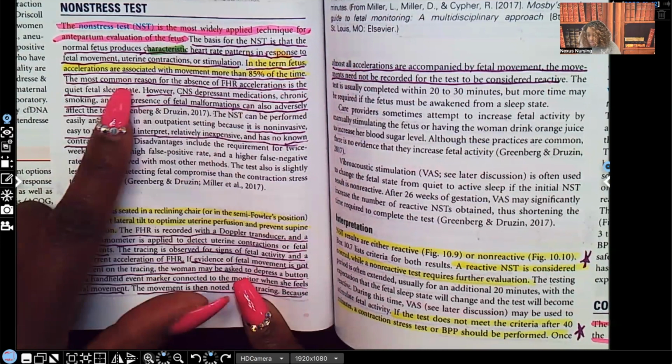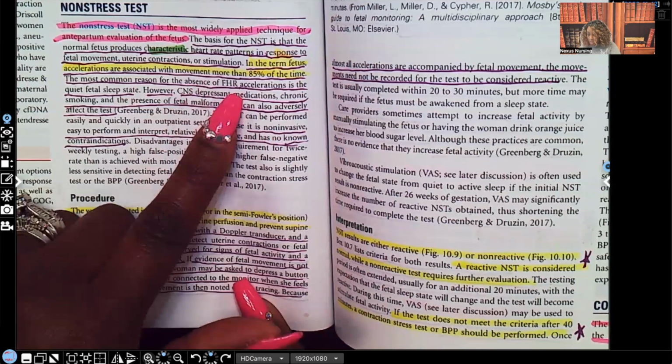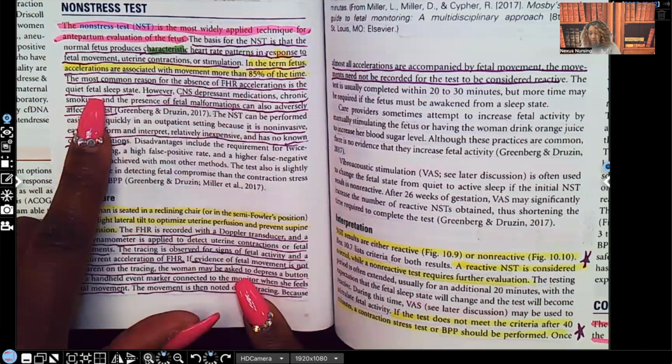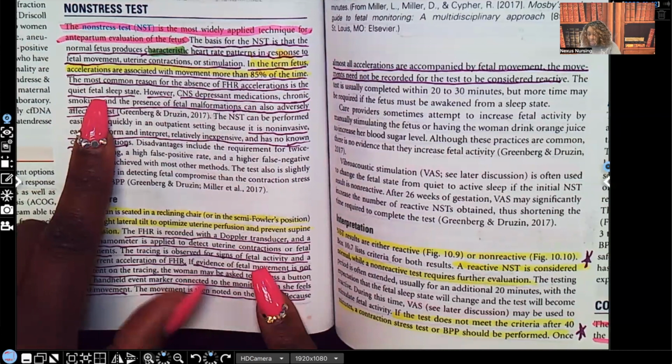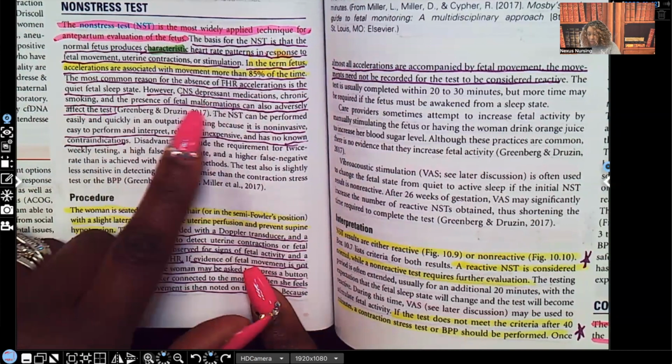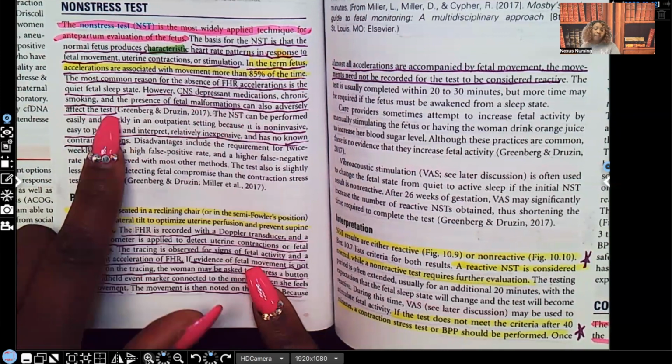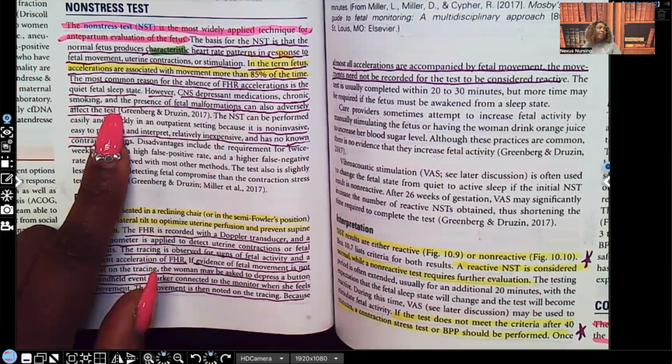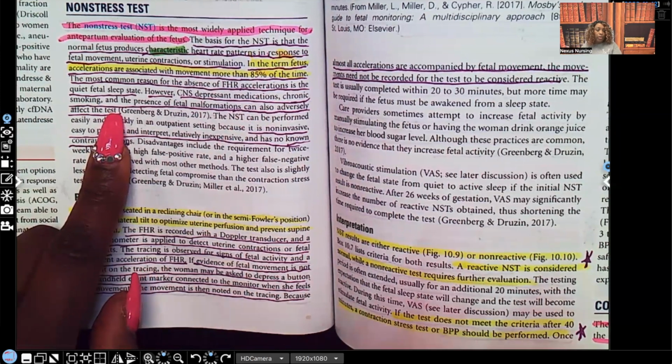The most common reason for the absence of fetal heart rate accelerations is the quiet fetal sleep state. However, CNS depressant medications, chronic smoking, and the presence of fetal malformations can also adversely affect the test. So usually, if we're not seeing those accelerations like we should, the reason is the quiet fetal sleep.